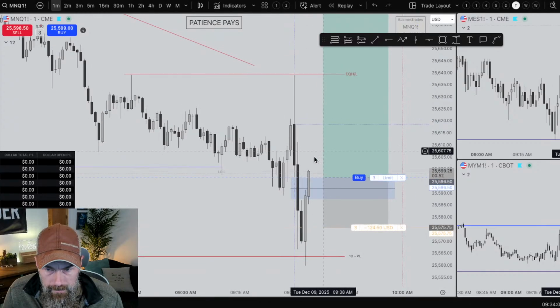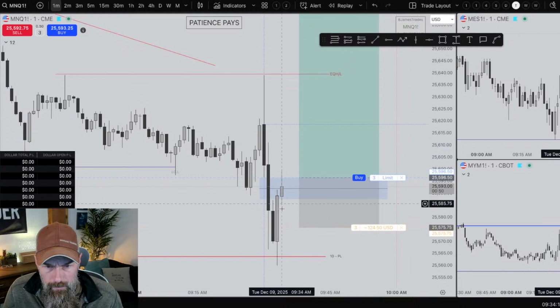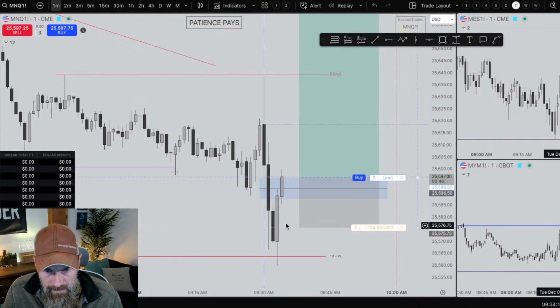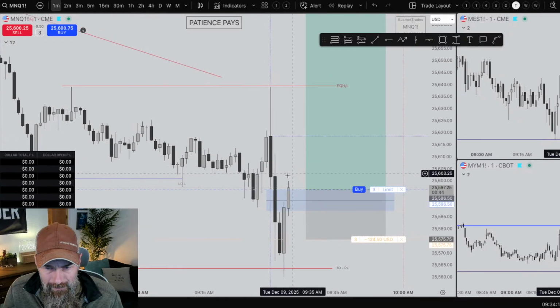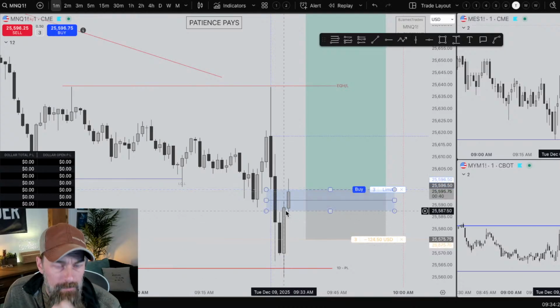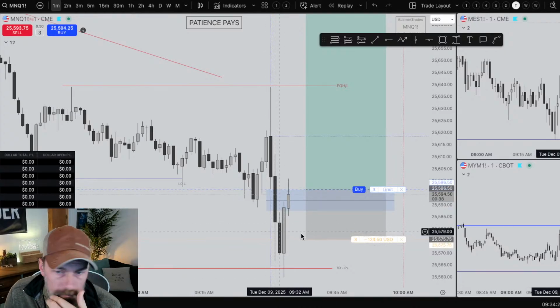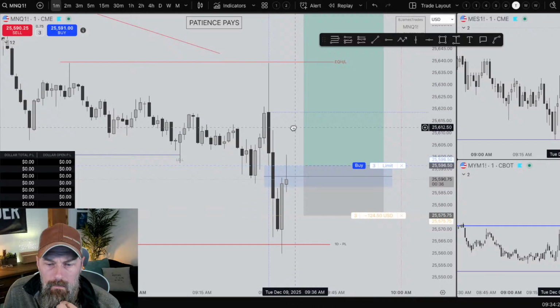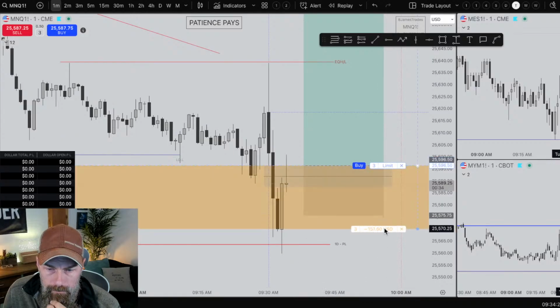So I typically like to give it a little more room, the stop below the body that closed below the fair value gap. However, in this case, kind of really don't have, we got this huge candle down here. So that's acceptable.